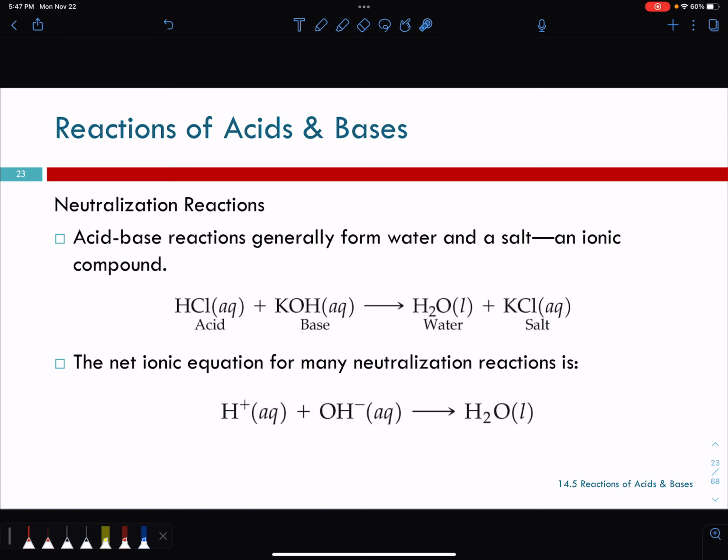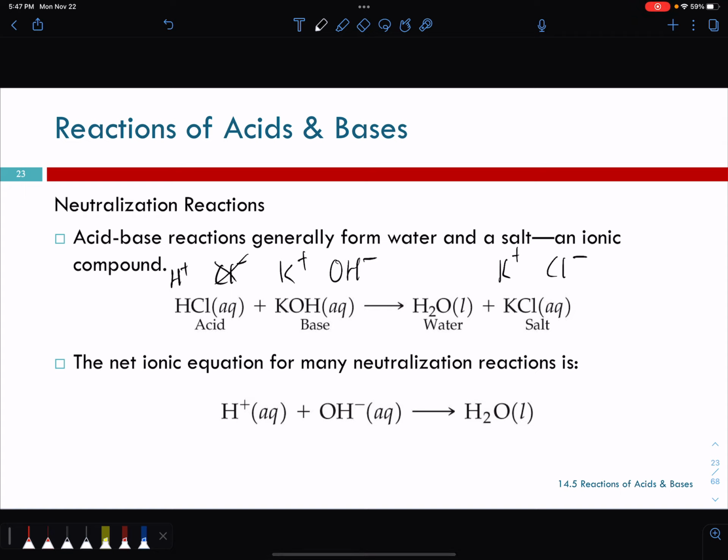There are other acid-base reactions. And then the net ionic equation here, right, because this becomes H plus, Cl minus, K plus, OH minus. This, in solution, is actually K plus and Cl minus, because it's an ionic compound dissolved in water. So the net ionic equation is only the participating species or molecules.